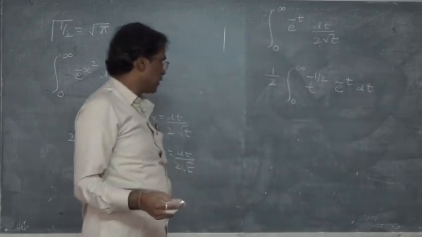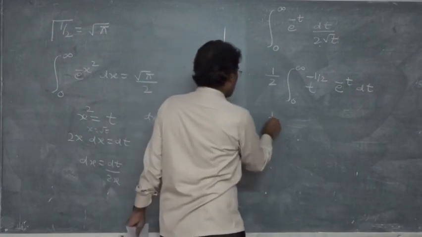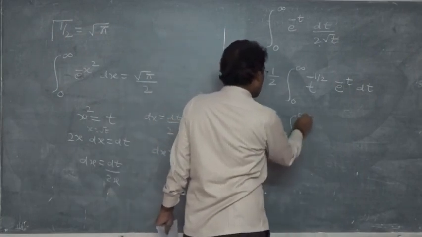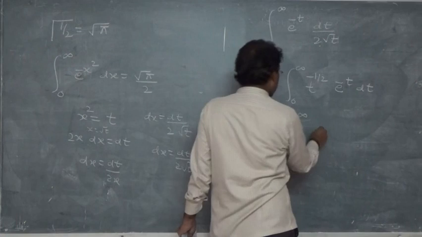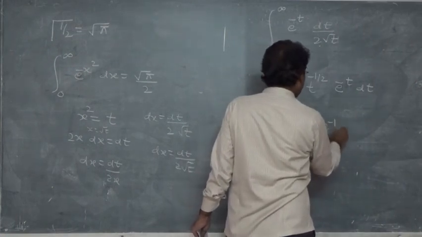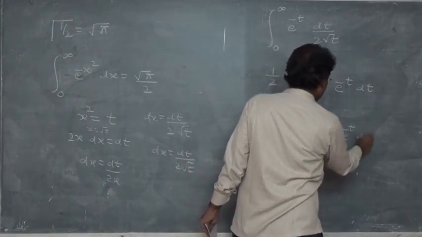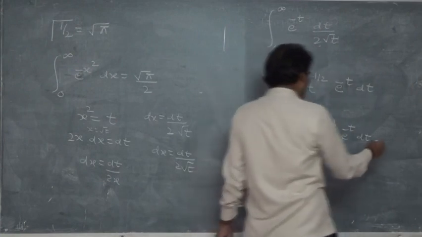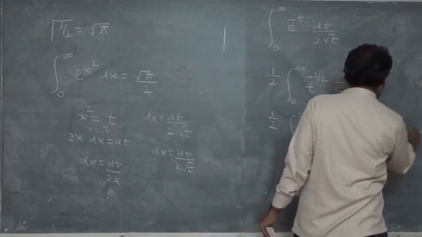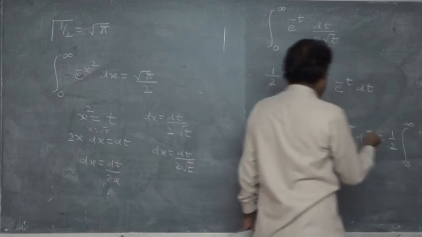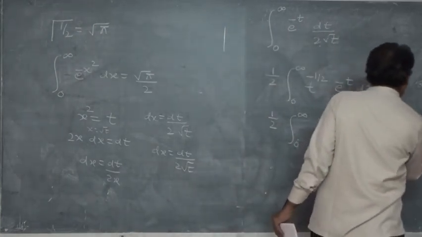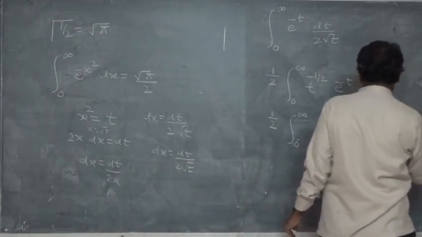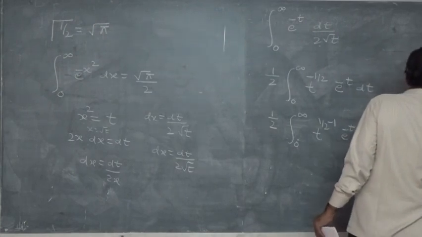Or 1 by 2, 0 to infinity, this can be written as t raised to half minus 1, e raised to minus t dt. Converting all t's into x, we can do like this: x raised to half minus 1, e raised to minus x dx.